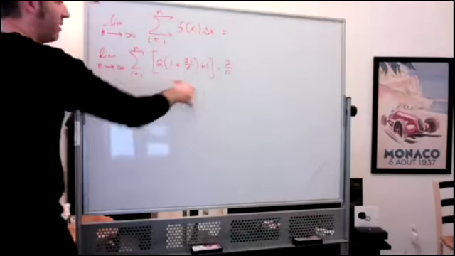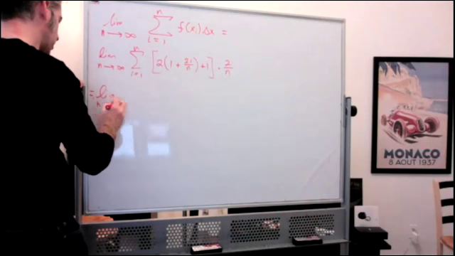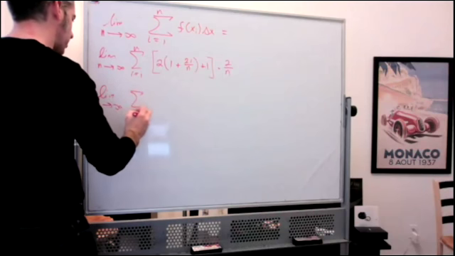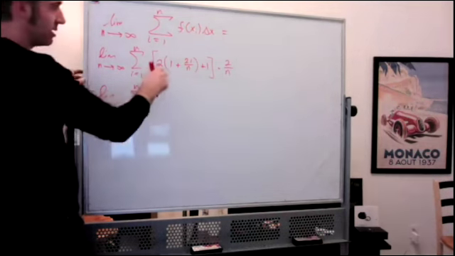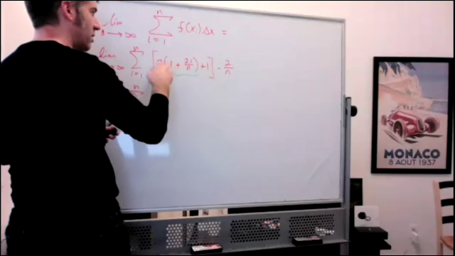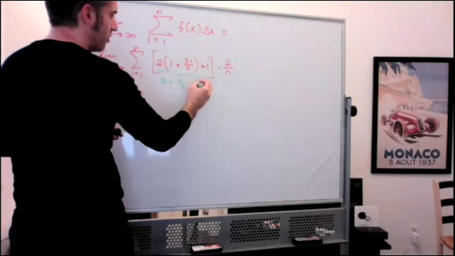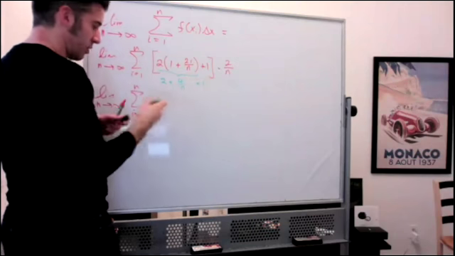So let's simplify this. This is going to be the limit as n goes to infinity of the sum from I equals 1 to n. I'm going to do a little bit of work here. Distributing this is 2 plus 2 times 2i over n, which is 4i over n, plus 1. So 2 plus 1 gives me 3.